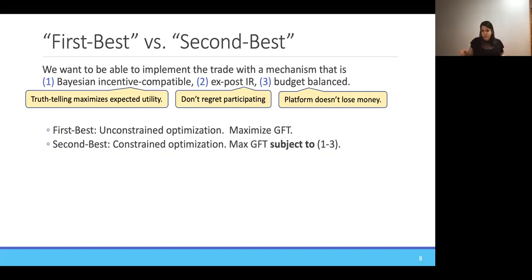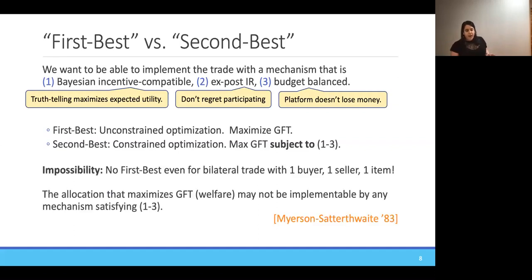So we ask, does our unconstrained optimization satisfy constraints 1 to 3? We know the answer to be no from Myerson and Satterthwaite, 1983, which says that even for just bilateral trade, one buyer, one seller, one item, there's no way to satisfy constraints 1 to 3 in a mechanism that best matches everyone under unconstrained optimization.